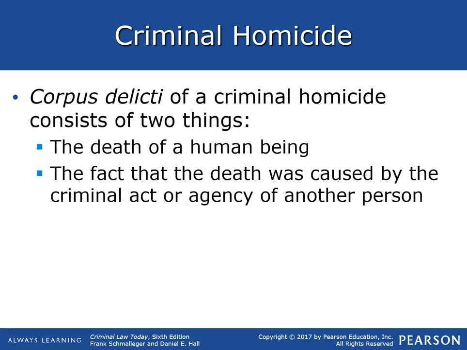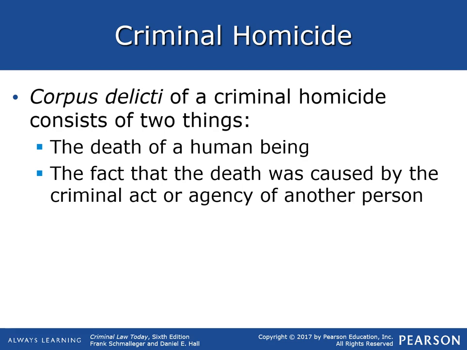when we're talking about criminal homicide, we need to focus our efforts a little bit on corpus delicti. And we've had a chapter on that, but let's look at the corpus delicti of a criminal homicide. And it consists of two different things. So it consists of the death of a human being and the fact that the death was caused by the criminal act or agency of another person.